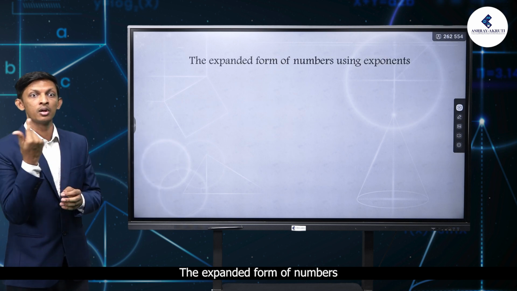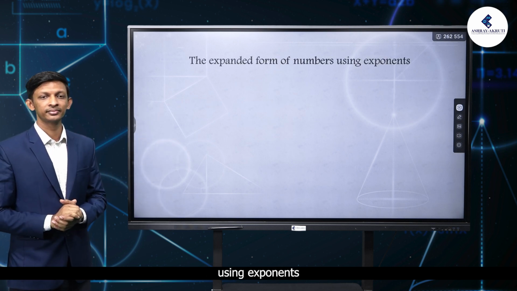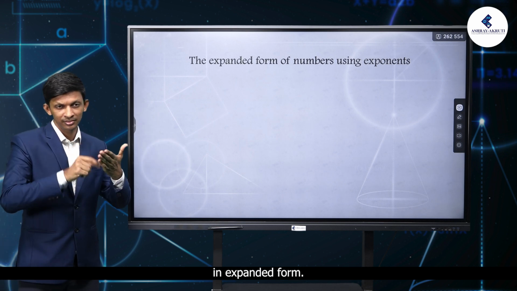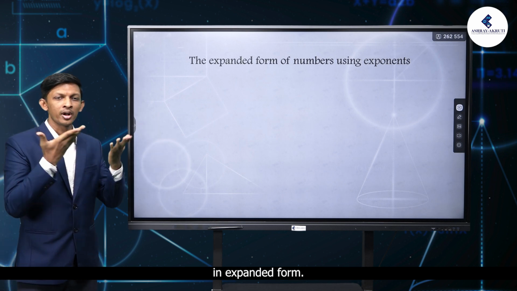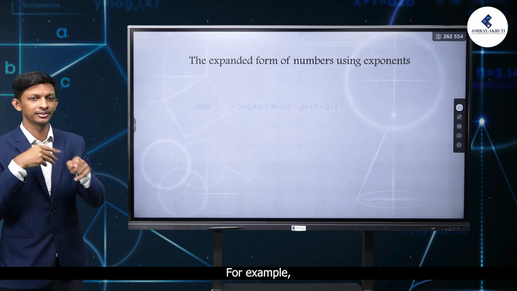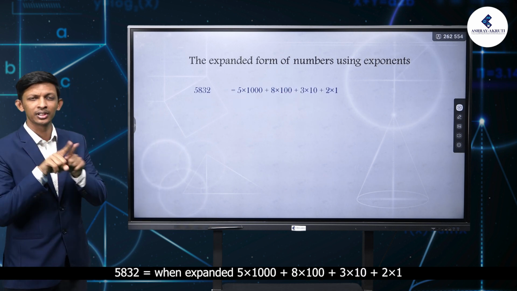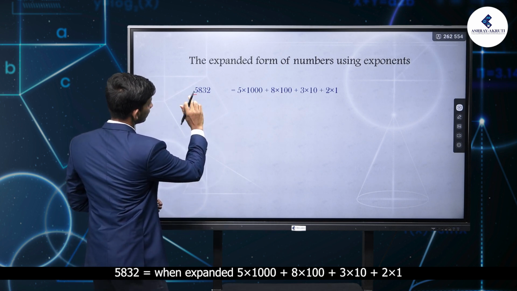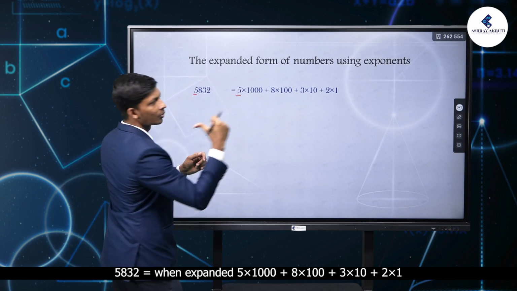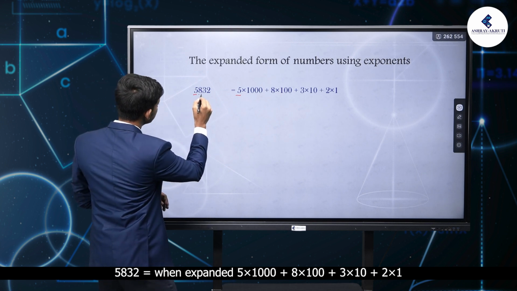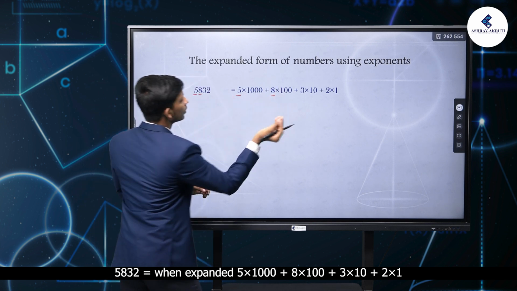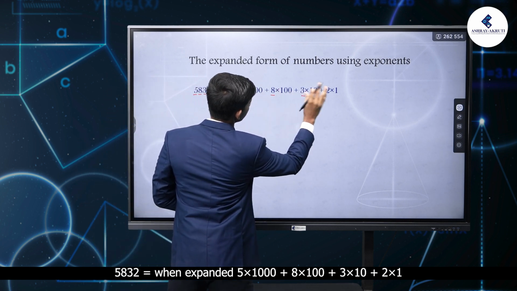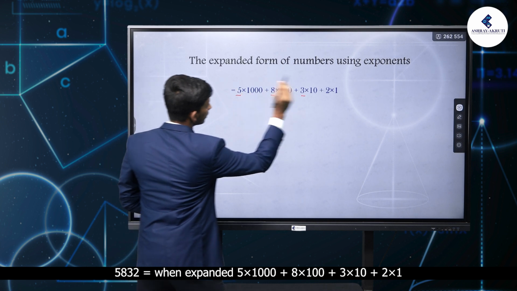The expanded form of numbers using exponents. In the lower classes, we learned how to write a whole number in the expanded form. For example, 5832 when expanded is 5 into 1000, 8 into 100, and 3 into 10 plus 2 into 1.